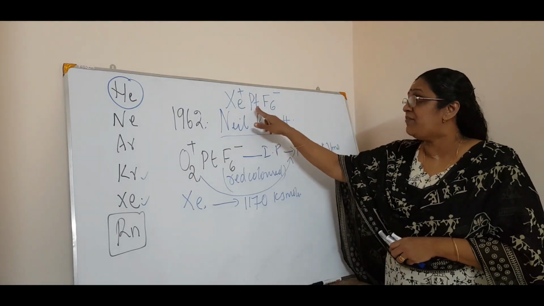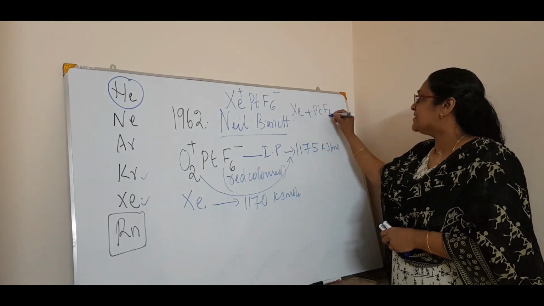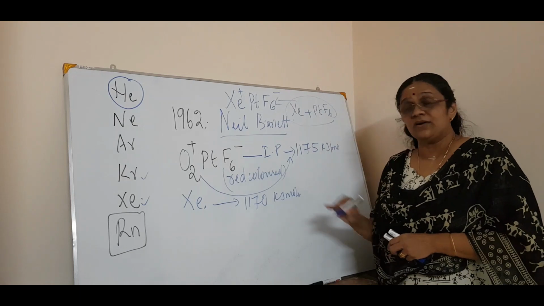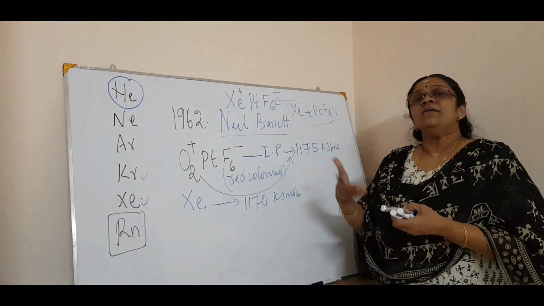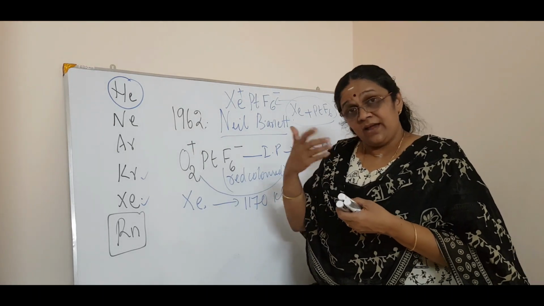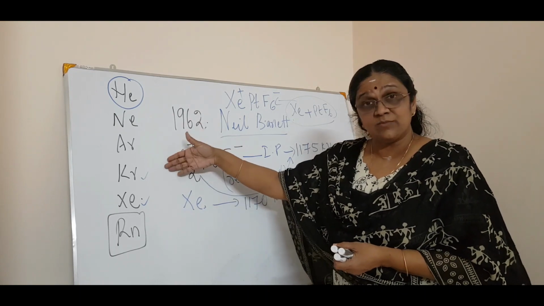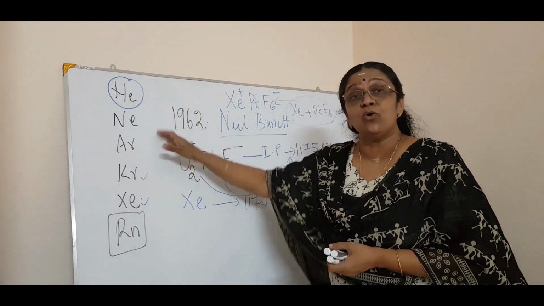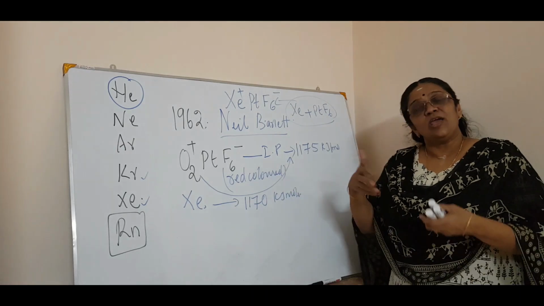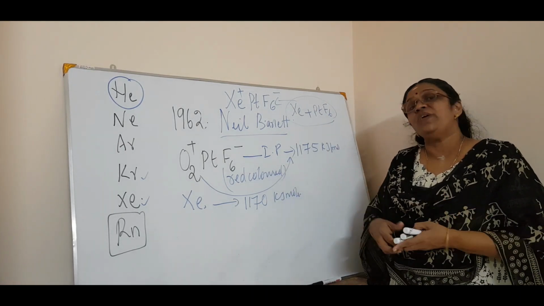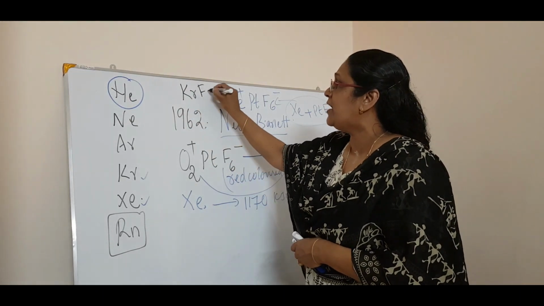By mixing xenon with PtF6, just a direct combination, and he got XePtF6. That was simple, but the research he made was fantastic. So there comes the end of the non-reactivity of noble gas elements. Then he made more discoveries proving that krypton can also form compounds, but only krypton difluoride.